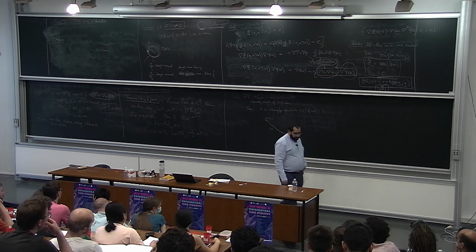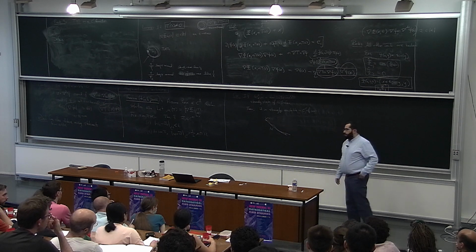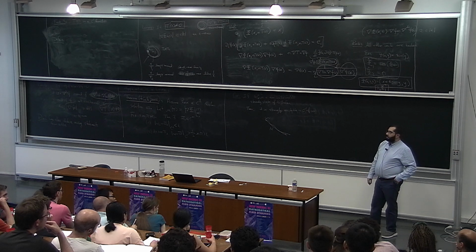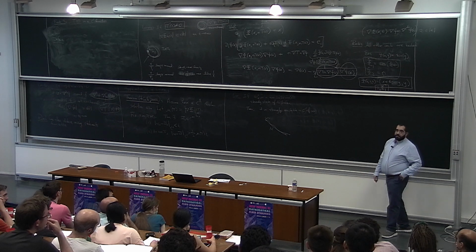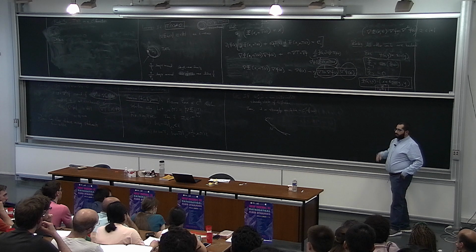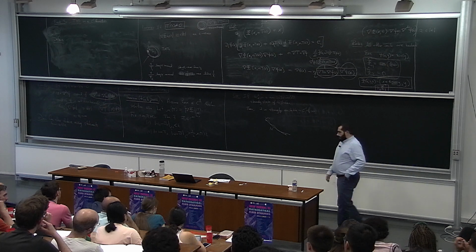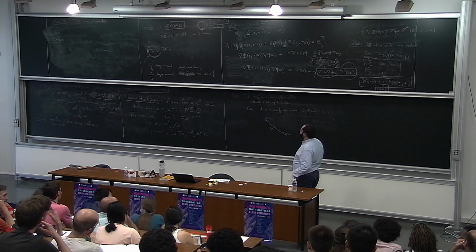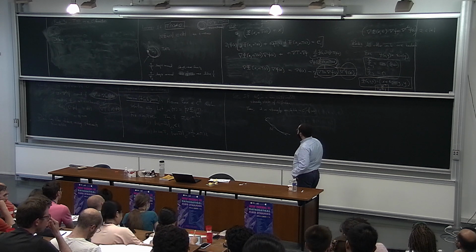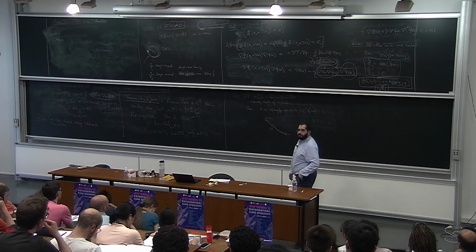You really should not study it in C1. You should really restrict to the Yudovich class or even less than that. You guys did the Yudovich stuff last time, right? Last week. Okay. Any other question or comment?